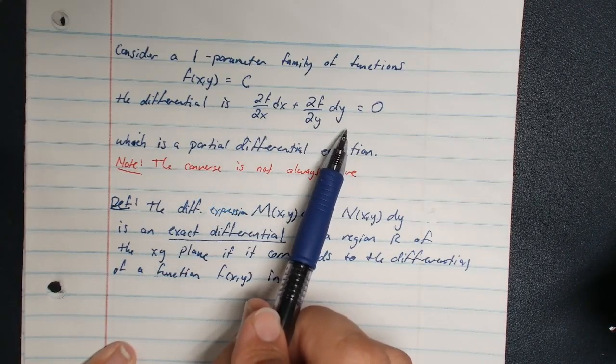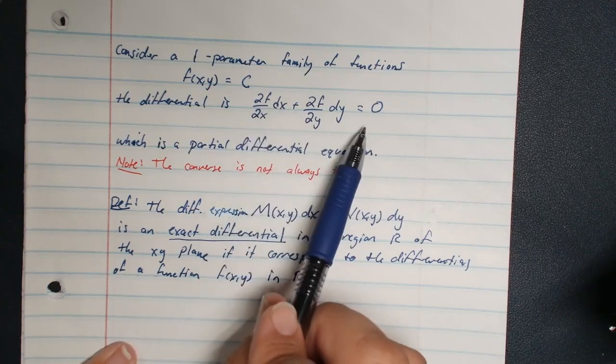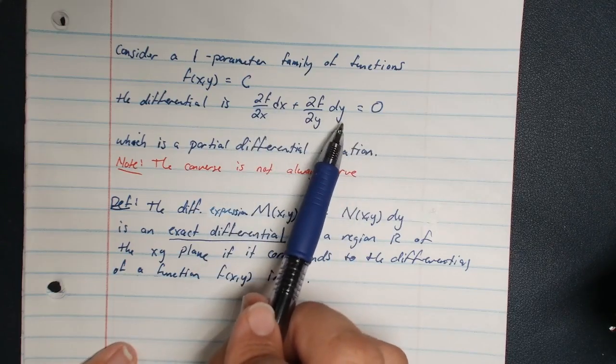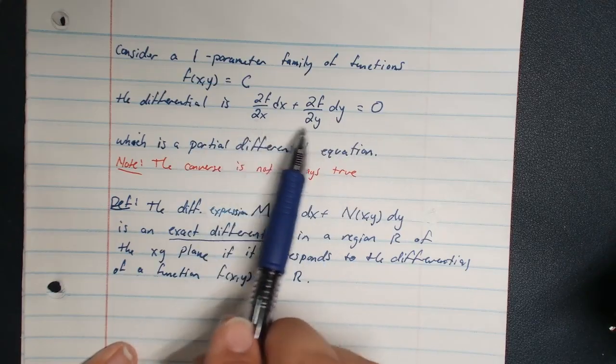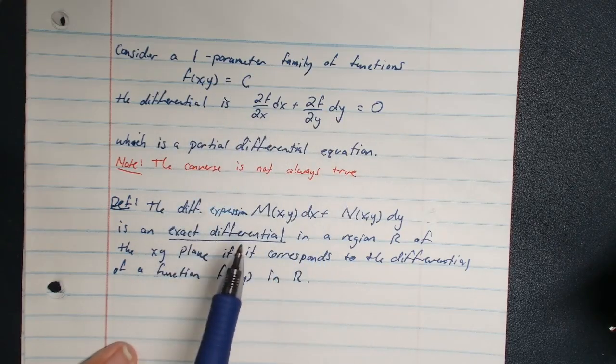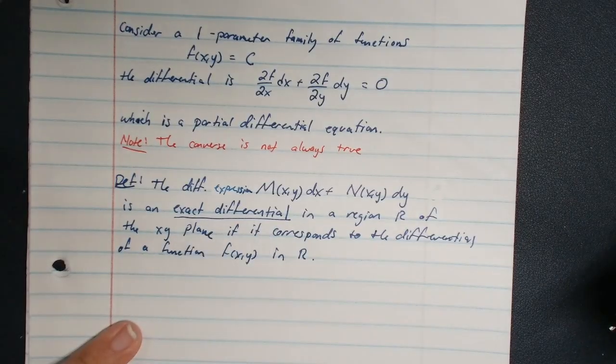But if you have something like this, there's no guarantee that it is the differential of something. But if you have something like that, where it is the differential of something, well, then that's called an exact differential. That's what we're defining here.